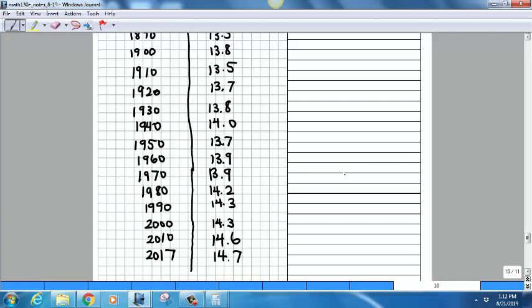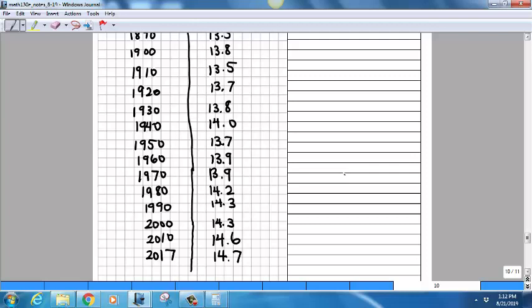That's right, it's been increasing. Of course, that phenomenon is known as global warming. So there is our table, which indicates global warming.